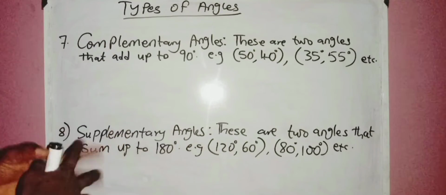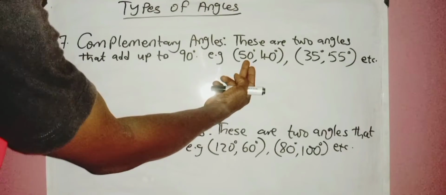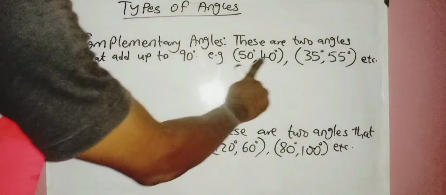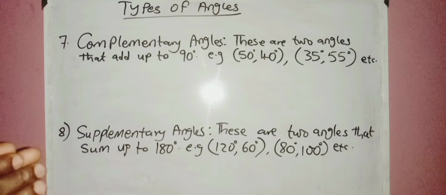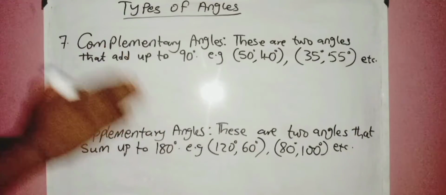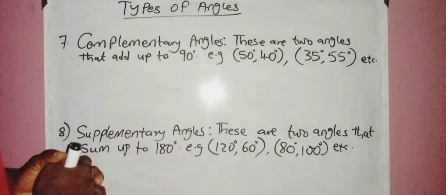Complementary angles. Sometimes they may ask you a question, what is the complement of 50 degrees? The complement of 50 degrees is 40 degrees, because 50 plus 40 will give you 90 degrees. So therefore, these two angles are said to be what? Complementary angles, because they add up to 90 degrees.